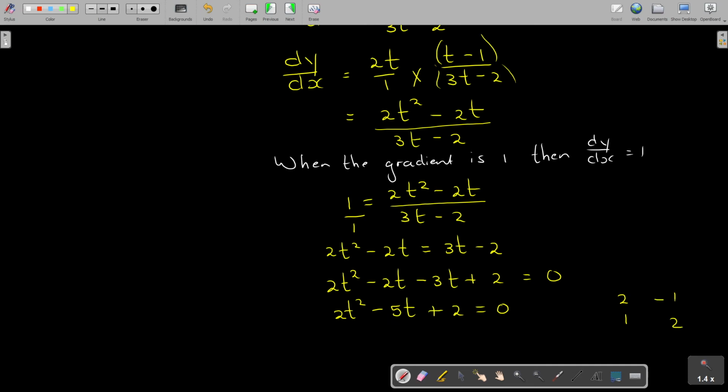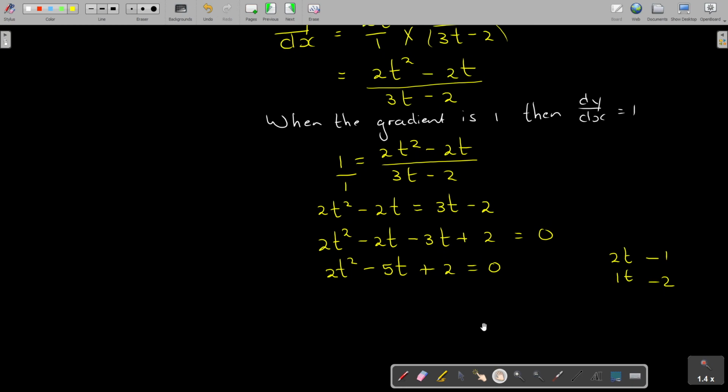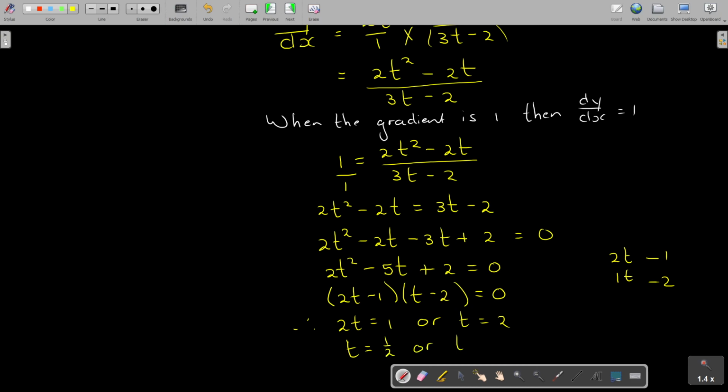Signs are the same, both are negative. Okay, and t. So let's just continue that bracket. So I have 2t minus 1 and t minus 2, and that is equal to 0. So therefore, 2t is equal to 1 or t is equal to 2. So t is equal to a half or t is equal to 2.